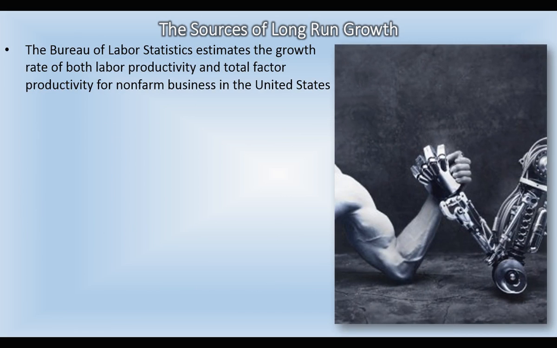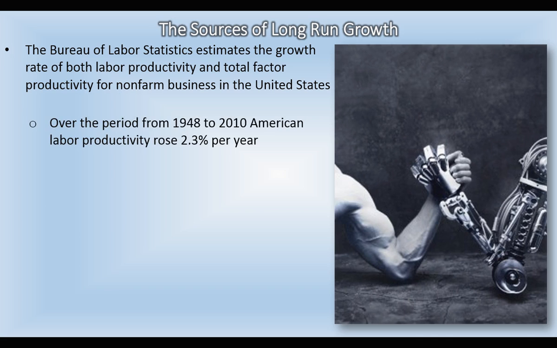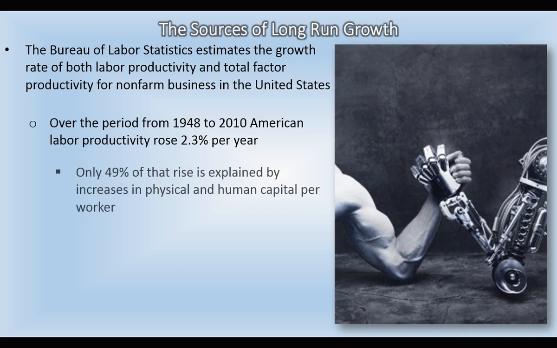So the Bureau of Labor Statistics, this bureau that does a lot of analysis for the economy, estimates the growth rate of both labor productivity and total factor productivity for, let's say, non-farm businesses in the United States. Over the period from 1948 to 2010, American labor productivity rose 2.3% per year.